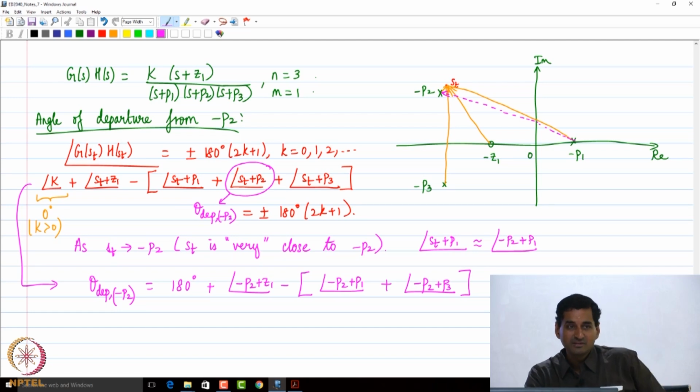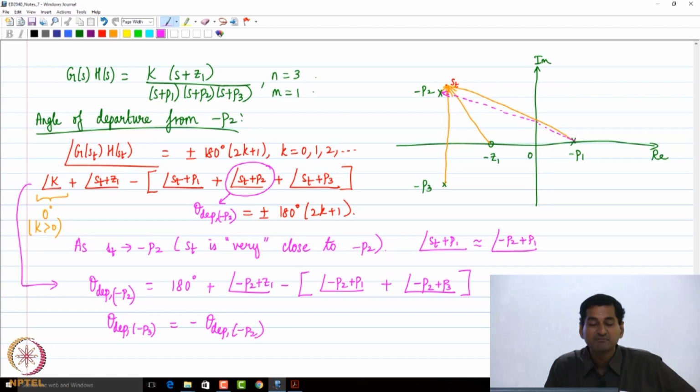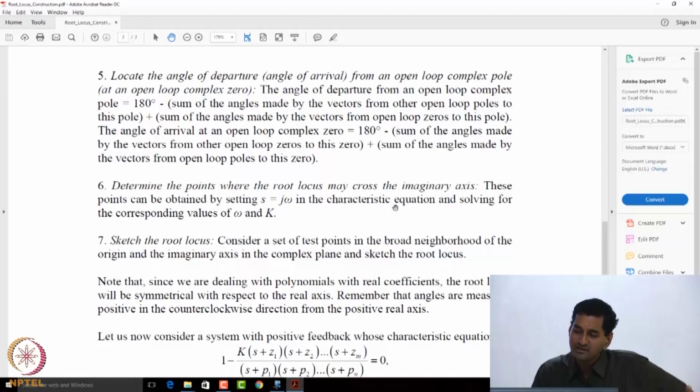So the angle of departure from minus P3 will be the negative of the angle of departure from minus P2. So that's another important point. This calculation you do as homework.